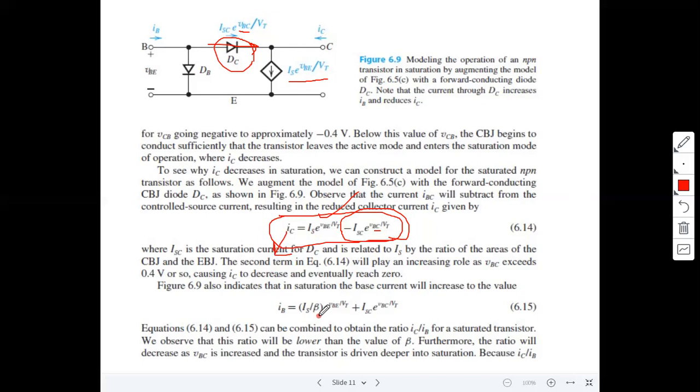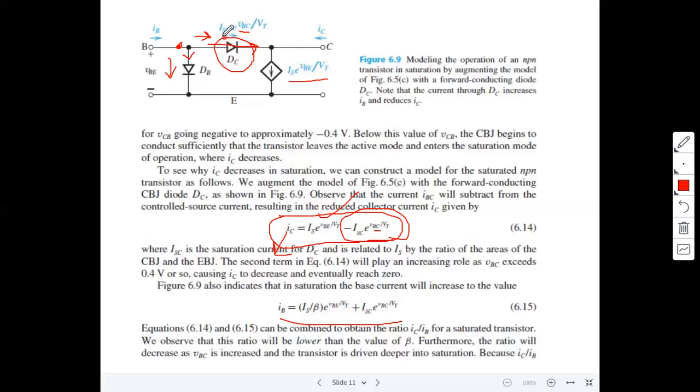What about base current here? Base current increases. Why? Because we apply KCL at this node. This is original IB and this is extra. So already you know the collector current. Now base current is equal to IS by beta into e power VBE by VT plus this much of current.